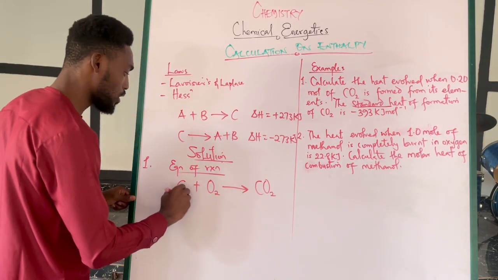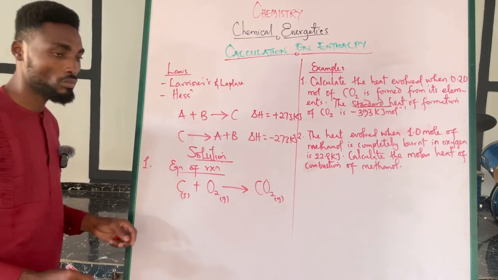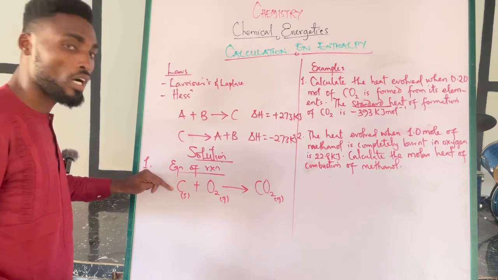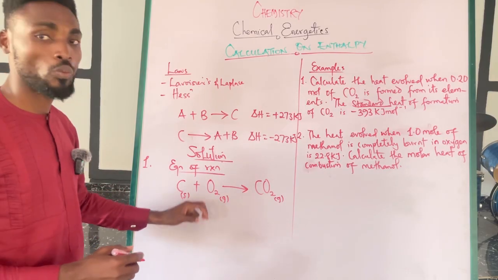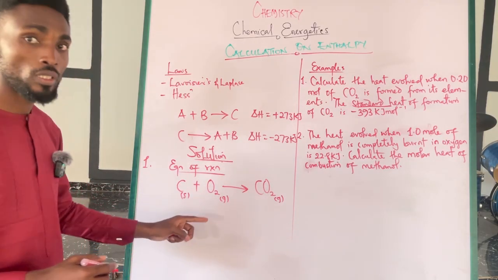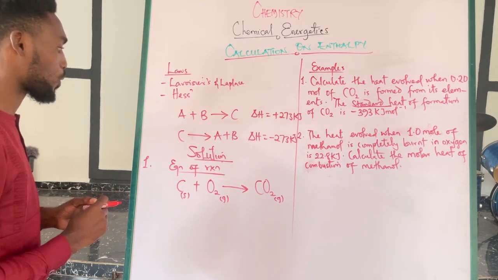Of course, this is solid, this is gaseous, this is gaseous. Looking at this, for us to get 1 mole of CO2, we need 1 mole of carbon. So we have CO2 being formed when 1 mole of carbon reacts with 1 molecule of oxygen, thereby giving us 1 mole of this, as we've already discussed.